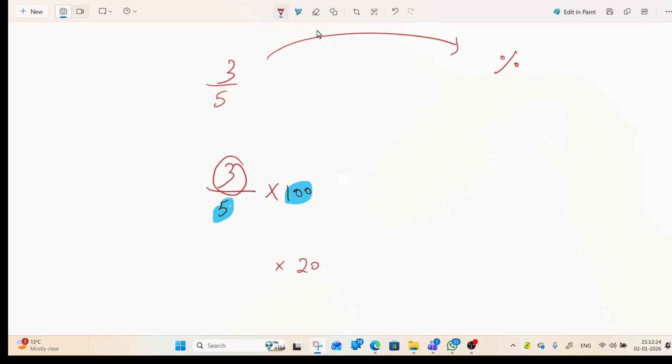Here you have 3, so you multiply 20 with 3, which will give you 60, right? So the answer is 60%. Is that clear? Yes.